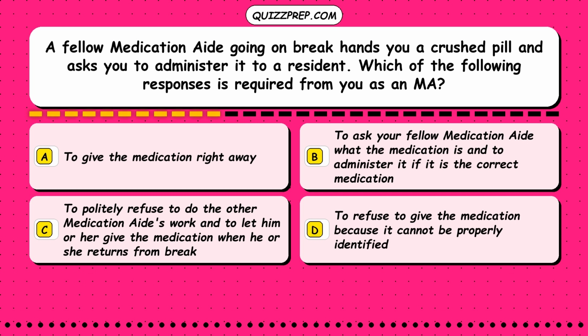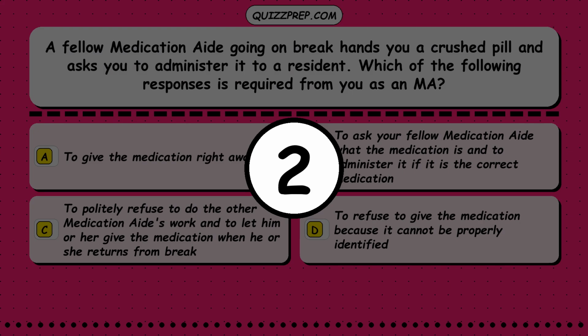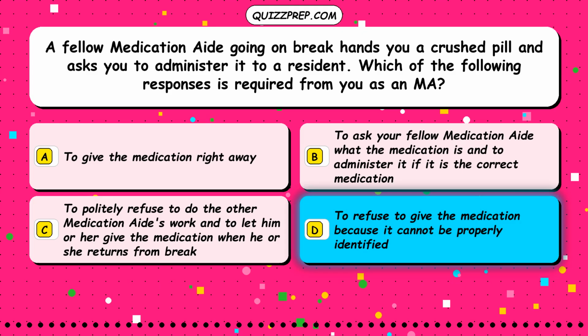Option C. To politely refuse to do the other medication aide's work and to let him or her give the medication when he or she returns from break. Option D. To refuse to give the medication because it cannot be properly identified. The correct answer is option D. To refuse to give the medication because it cannot be properly identified.